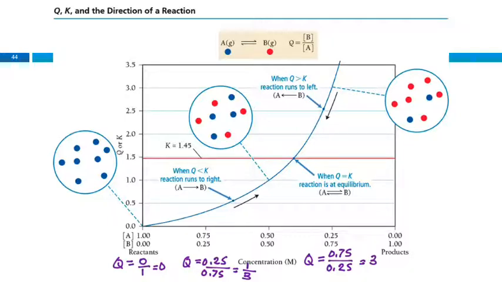I know what their concentrations are, but how do I know, is that going to make more products or is it going to make more reactants? Which direction is it going to go? I can plug the concentrations of the stuff that I threw in there into the expression, calculate Q and compare that to K. And that'll tell me, am I going to go forward or backwards? Because it has to change, right?